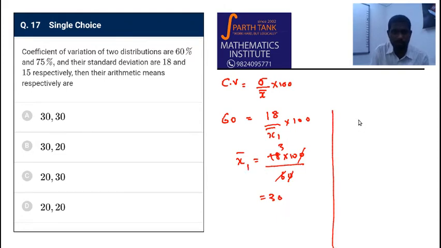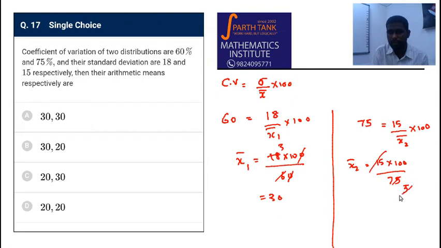What about the second one? 75% is 15 by x2 bar. The standard deviation is 15 and 100. So x2 bar is 15 into 100 by 75. One's 5 times, and this cancels to give 20. So x1 bar is 30, and x2 bar is 20. So 30 and 20, option B.